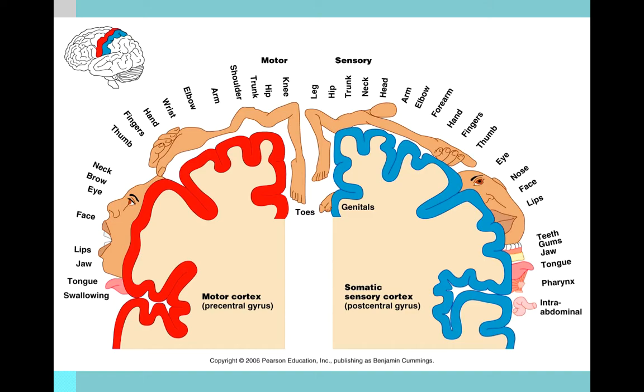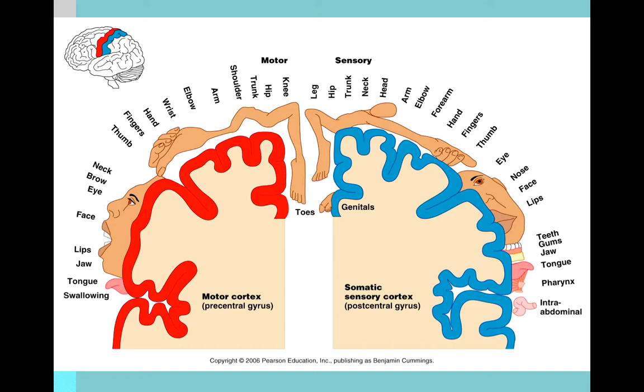Now the one thing that I'd like you to notice there, is how much space is devoted to the feeling in your arm. So notice it goes from shoulder to elbow to wrist to hand to fingers to thumb.